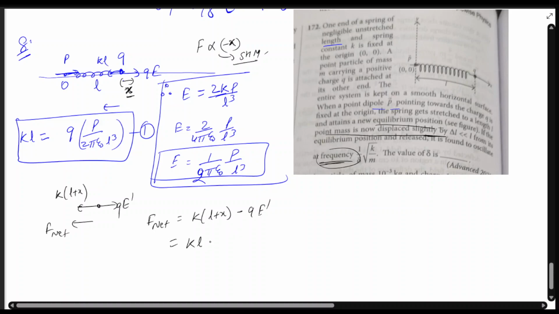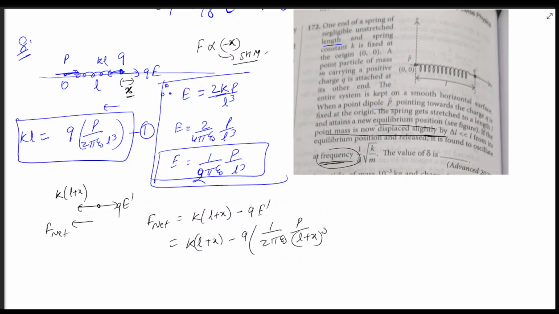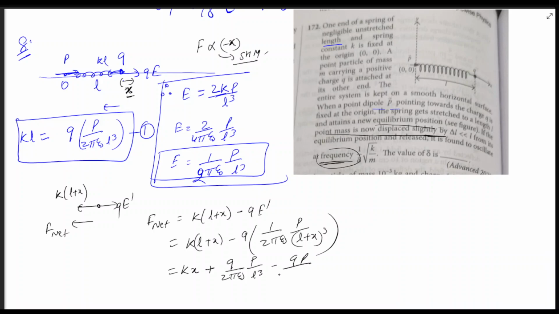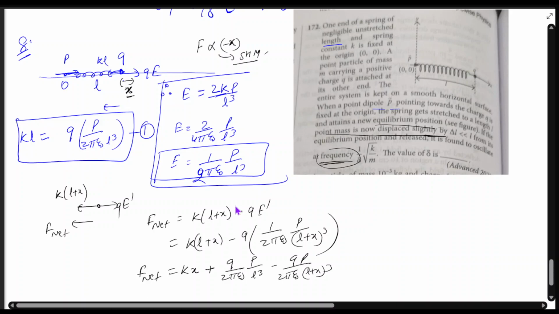So F net is K L plus X minus Q E dash, where E dash will be 1 upon 2 pi epsilon naught P upon L plus X to the whole cube. Look, KL is this, so let's put it here. So we'll have KX plus KL, and in place of KL we can write Q upon 2 pi epsilon naught P upon L cube, minus QP upon 2 pi epsilon naught L plus X to the whole cube, right? This is F net.